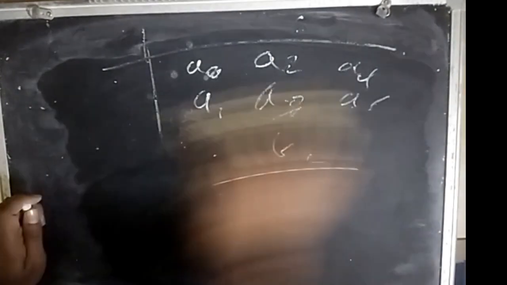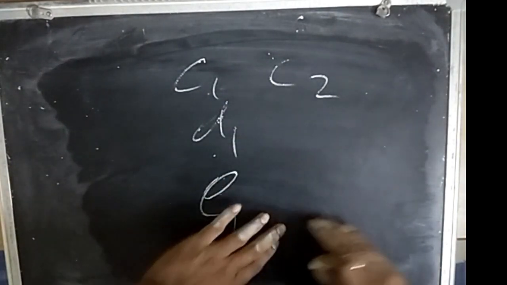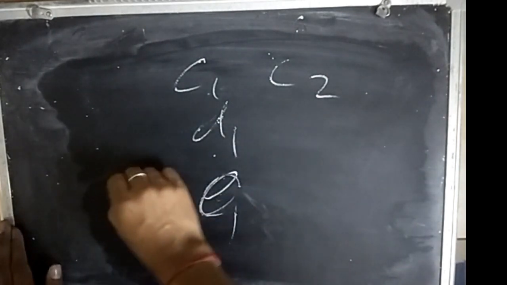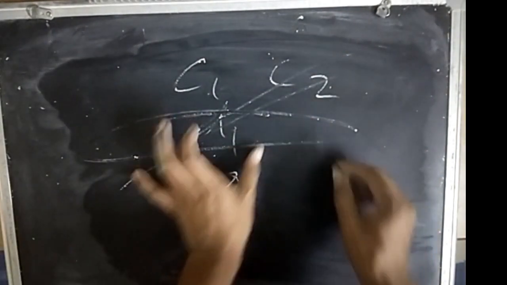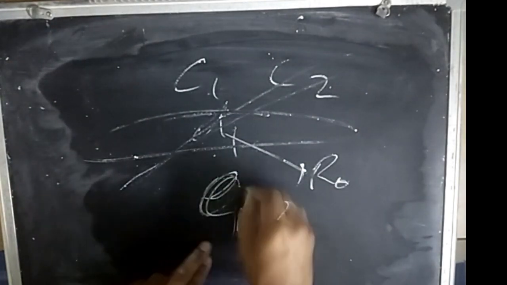And what we have is the last columns, that is c1, c2, d1 and e1. Let's say e1 is 0, the last thing. Then d1 would be the root element.